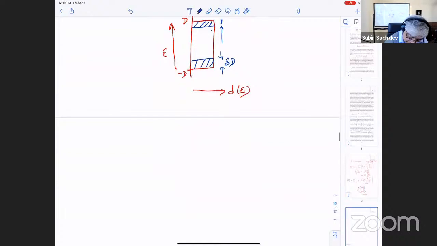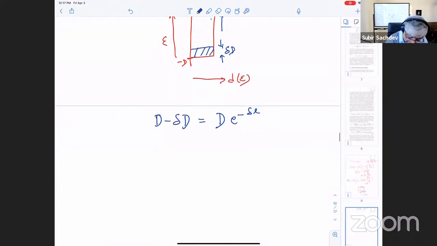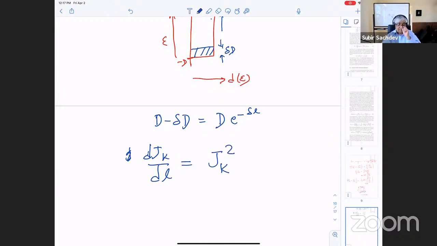So this way, if you write the change in bandwidth, D minus delta D, as D times e to the minus delta L, this defines the delta L. Then you'll get an equation, which is dJ_K/dL, and it turns out to be basically J_K squared with some coefficient that you have to work out.